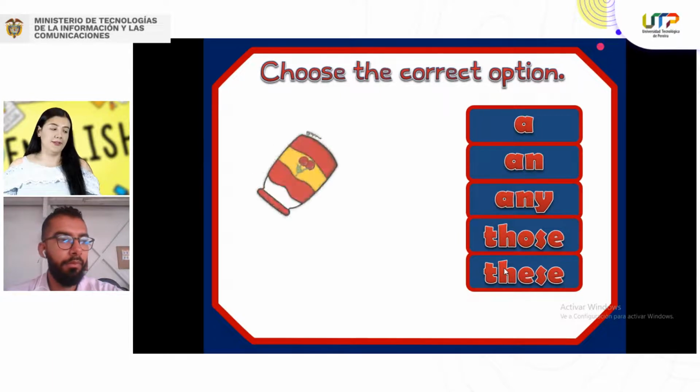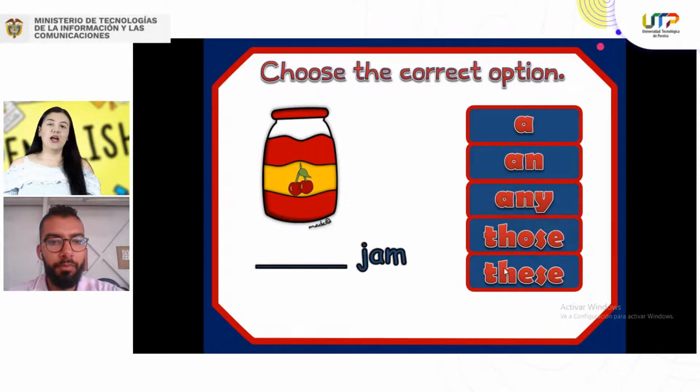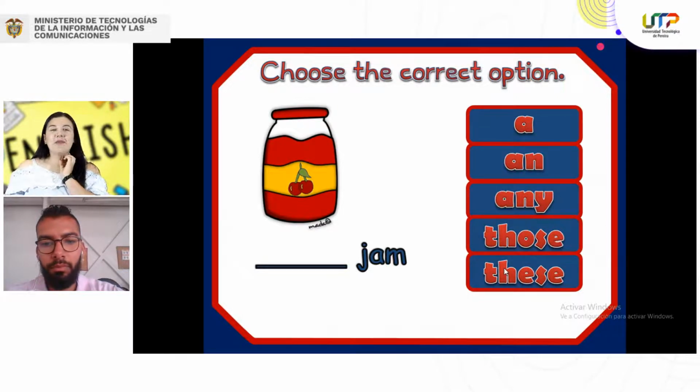What about this one? Jam. ¿Será que podemos contar mermelada? ¿Sí? Mermelada. No estamos hablando de tarros, ¿cierto? Tarros de mermelada. No, estamos hablando de mermelada. What do you think? Remember that I said that if it is liquid or something like that, it is uncountable. So in this case, what is the correct answer? A, an, any, those, or this?